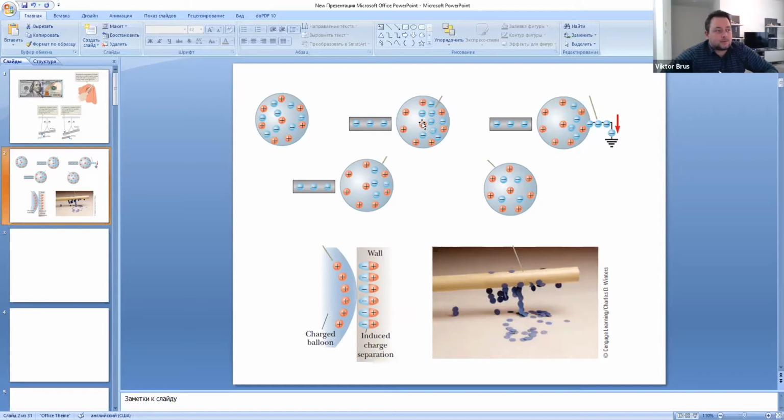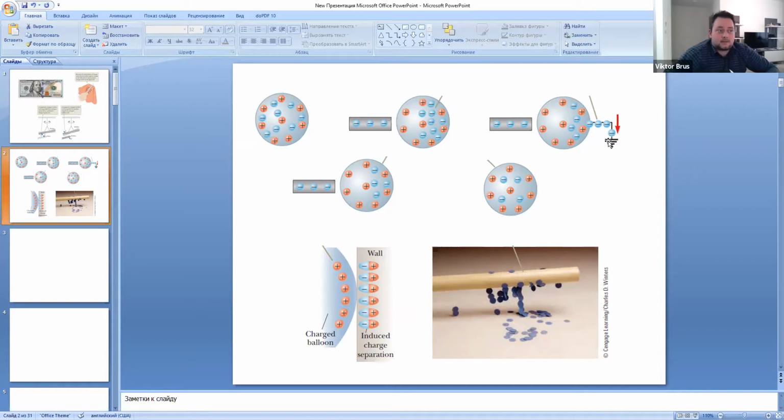And if this conductive sphere is grounded at some point, grounded means it is connected by another conductor, which is some wire, to the ground, to the planet Earth, which is considered to be a huge source of charges which can accept and provide charges without a noticeable change of its surface potential.